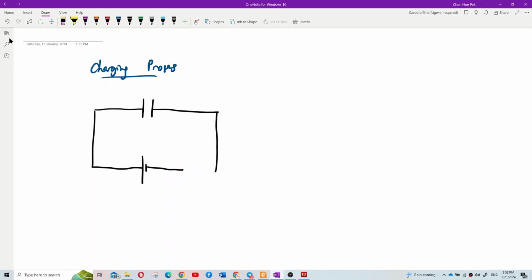Maybe I should put the resistor over here, and the capacitor over here. Okay, better. So you have a resistor and a capacitor. This is the battery with total voltage, like that.